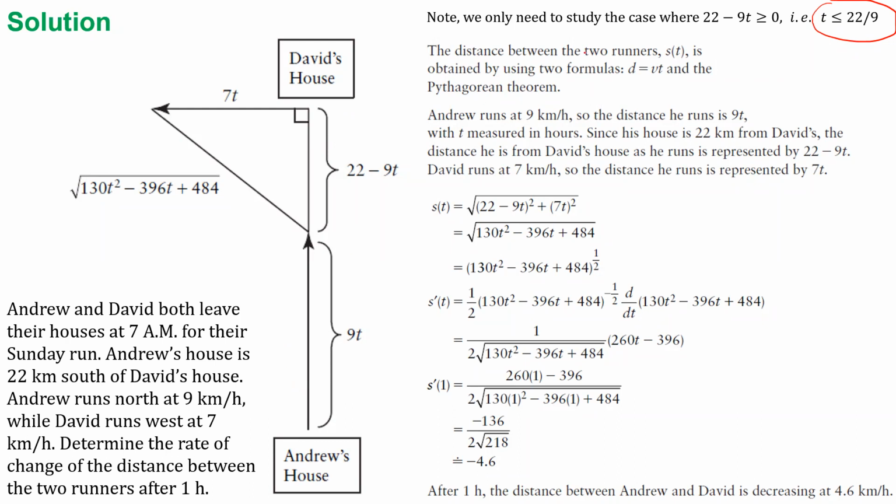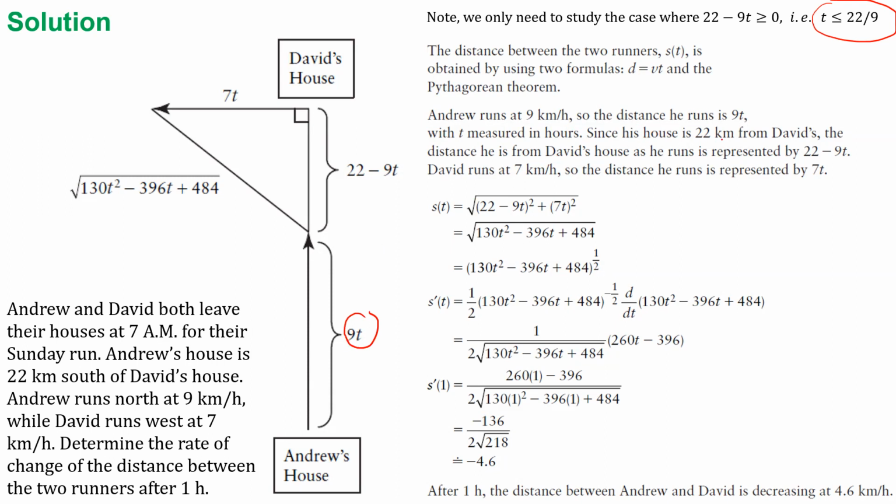Okay, so the distance between the two runners, S(t), is obtained by using two formulas, d equals vt and the Pythagorean theorem. Andrew runs at 9 kilometers per hour, so the distance he runs is 9t, which is here, with t measured in hours.